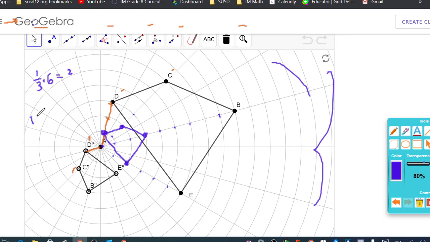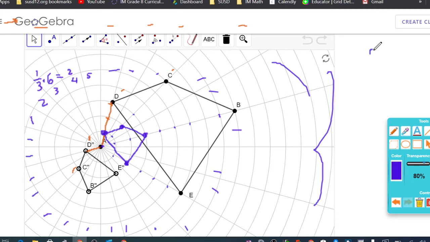Count these spaces. 1 space, 2 spaces, 3 spaces, 4, 5, 6, 7, 8, 9, 10, 11, 12, 13, 14, 15, 16, 17, 18, 19, 20, 21, 22, 23, 24.